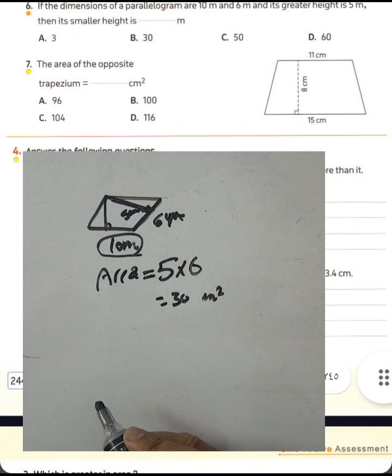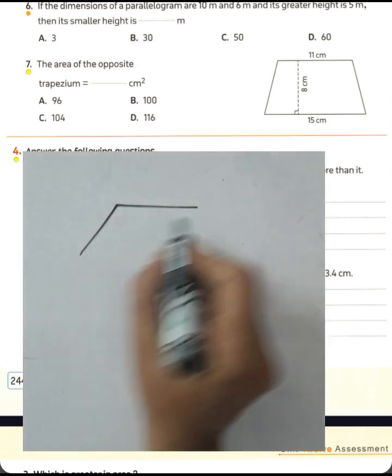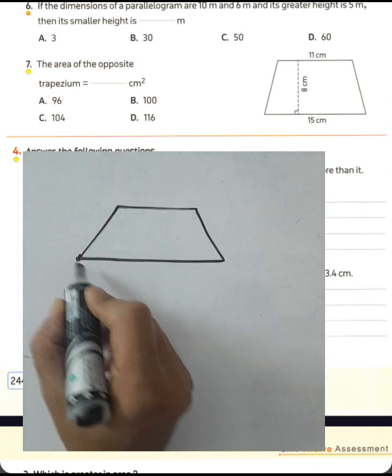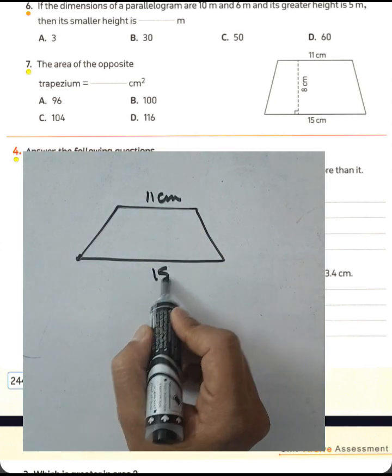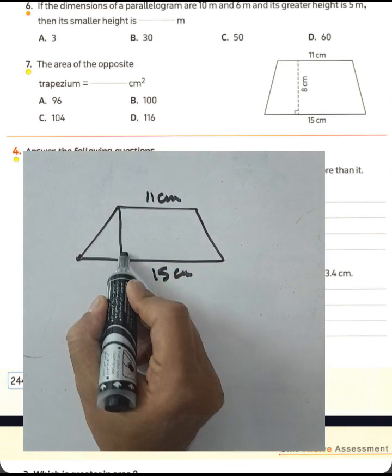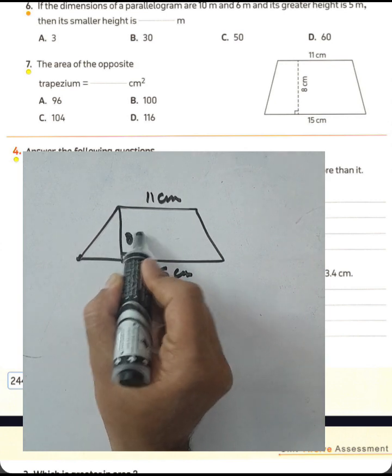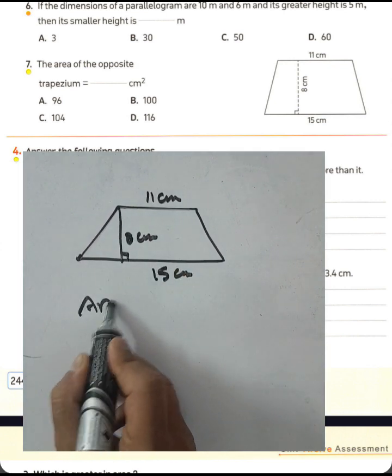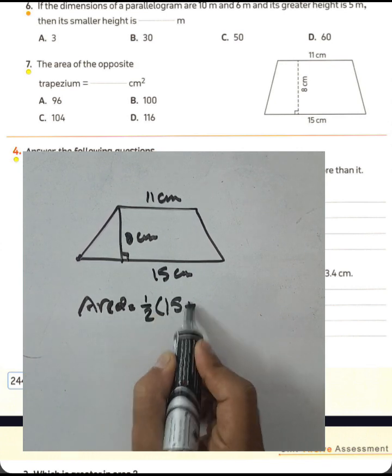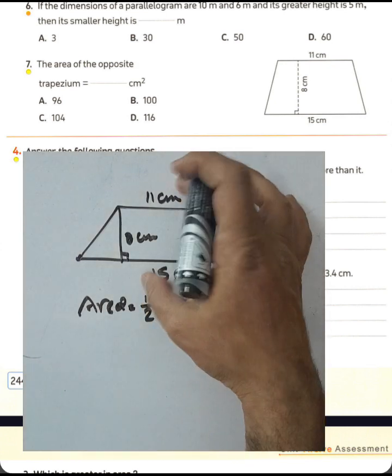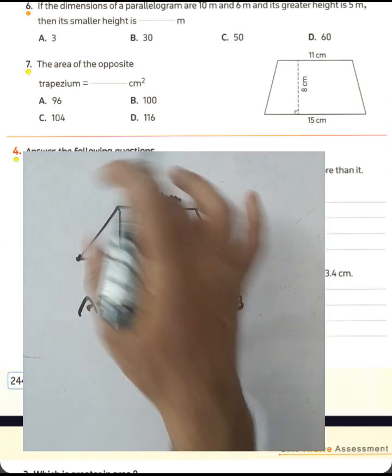Okay, question number 7, the area of the opposite trapezium. We know the area of trapezium equals half the sum of two bases product by the height. We have here 11 centimeter and 15 centimeter, and the height was 8 centimeter. Then the area equals half sum of 15 plus 11, sum of two bases product by corresponding height 8.